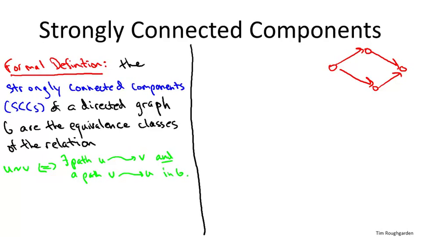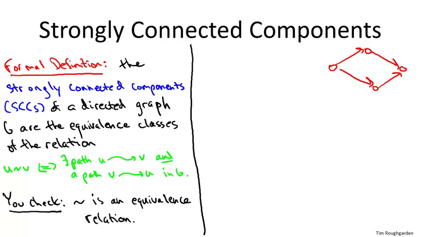It's reflexive, that is, everybody's related to itself, but of course there is a path from every node to itself. It also means that it's symmetric, so if U is related to V, then V is related to U. Well, again, by definition, we're saying that the vertices are mutually reachable from each other, so that's clearly symmetric by definition. And then it has to be transitive, and the way you prove it's transitive is you just paste paths together, and it works the way you'd expect it to.